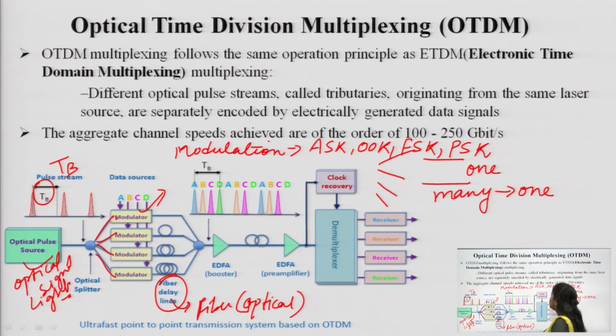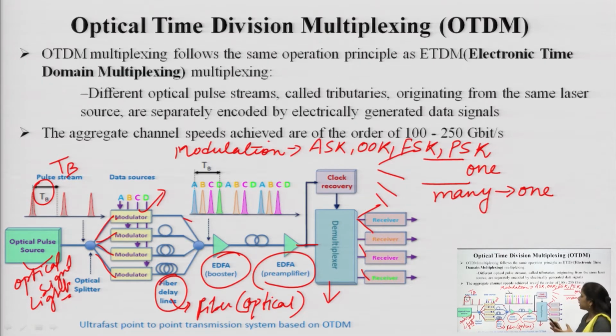Here it is divided into many, and then again it is combined here. Then there is a booster and pre-amplifier, and at the end there is a demultiplexer, so as to convert this one signal into many.